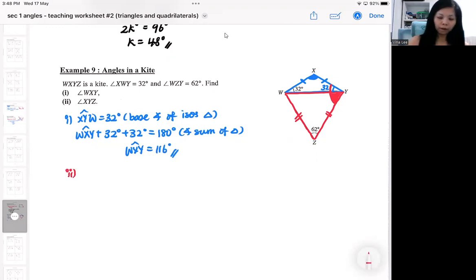So I'm going to find WYZ by doing the isosceles triangle: I minus away 62, and then divide by 2, because that will be the base angle of the isosceles triangle.